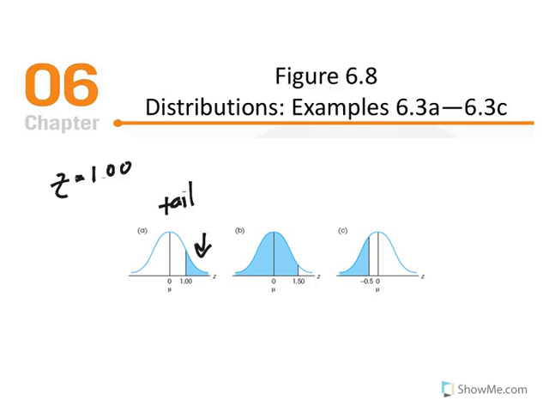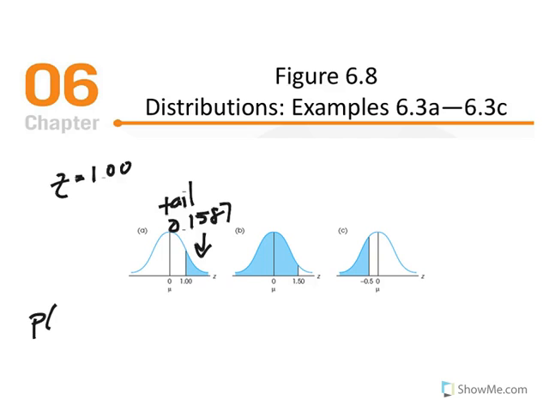So our initial question was, what was the proportion of this distribution above a z-score of 1.00? And we've just determined that this is representative of a proportion of 0.1587. We could have also stated this as a probability question. For instance, we could have asked, what is the probability of selecting a z-score greater than z equal to positive 1.00?